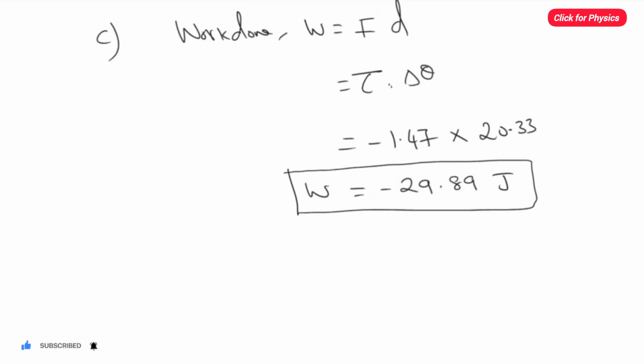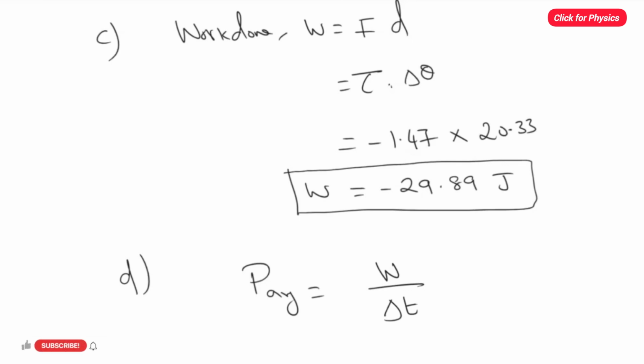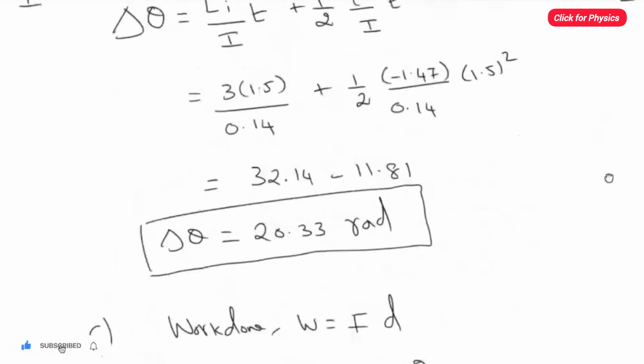And then finally we have to find the average power. For finding the answer for average power, we know the power formula: average power is work done divided by time. But here you can see the work done on the wheel. It's very, very important. They clearly mention it in the question. We can just go back to the question.